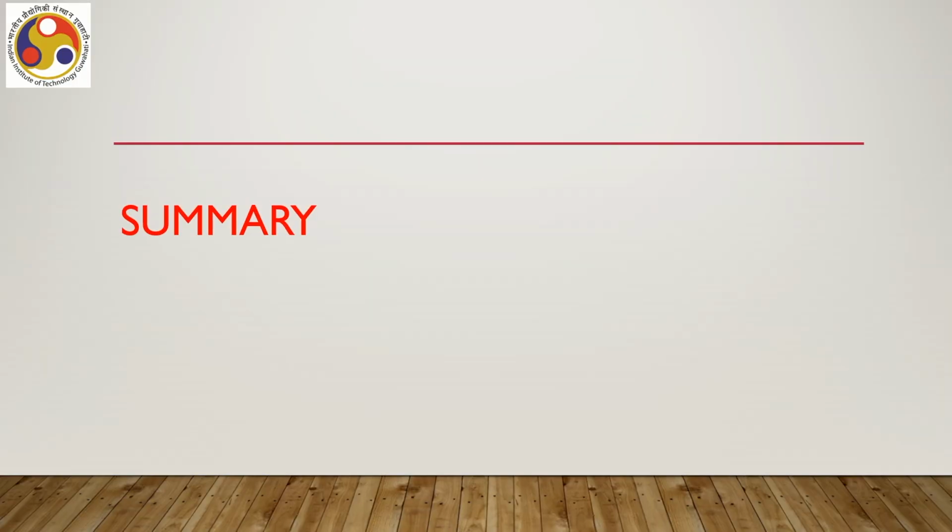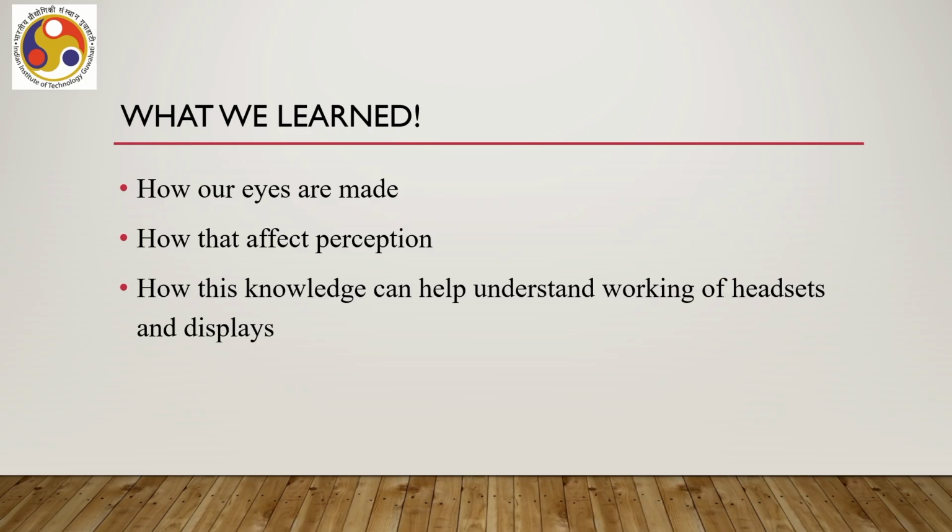So, let us summarize what we have learned. In this lecture we have covered a few important concepts. First of all, how our eyes are made, what the physiology of human vision is, and how we perceive color, how we perceive depth, how we perceive a scene.